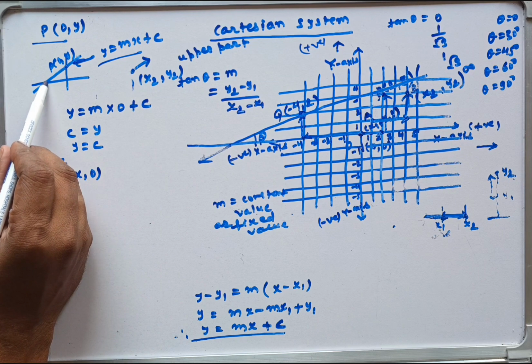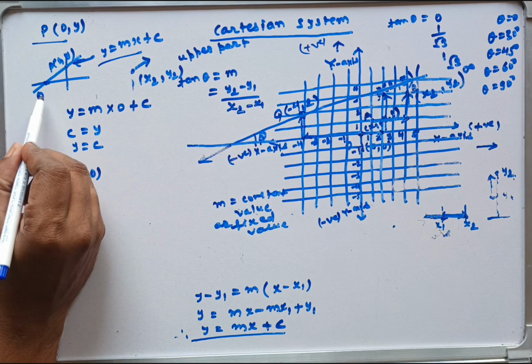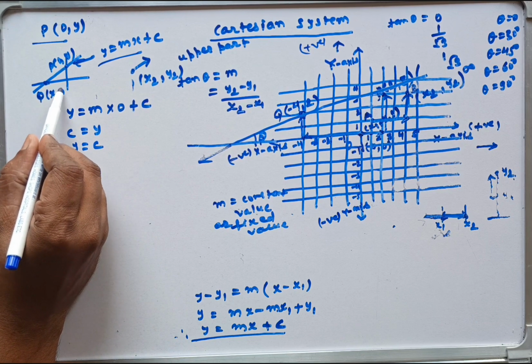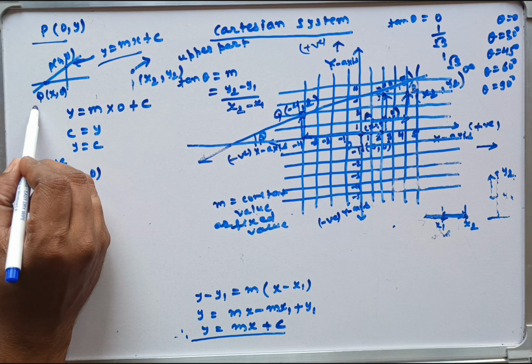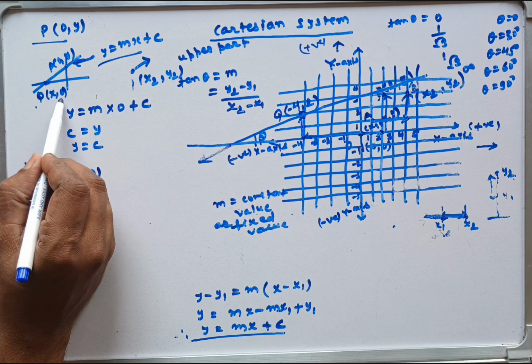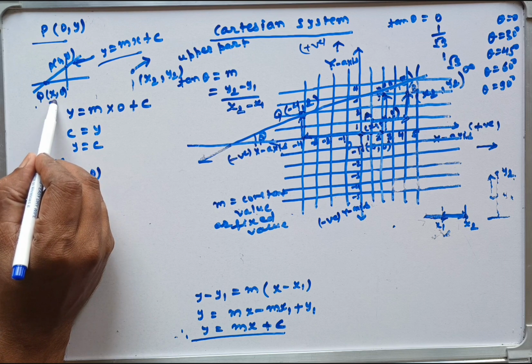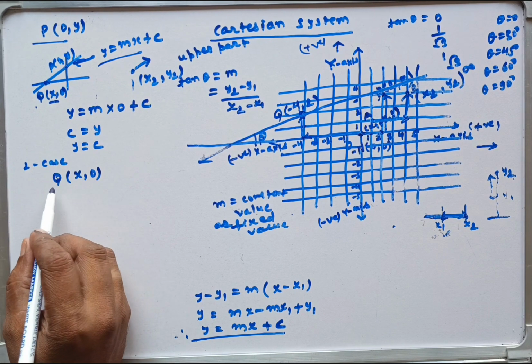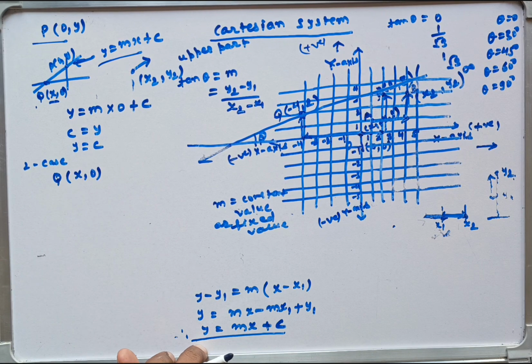If this point is Q, then this coordinate will be (x, 0). As we don't know whether this x is positive or negative, we simply put the letter x here. If this point is lying on the straight line, it must satisfy this equation.